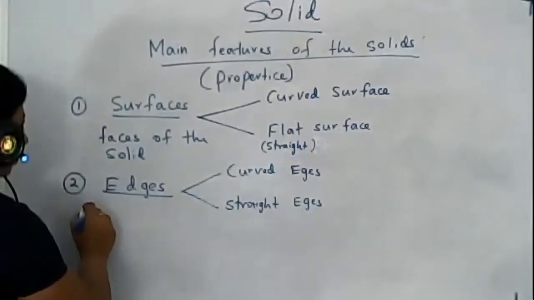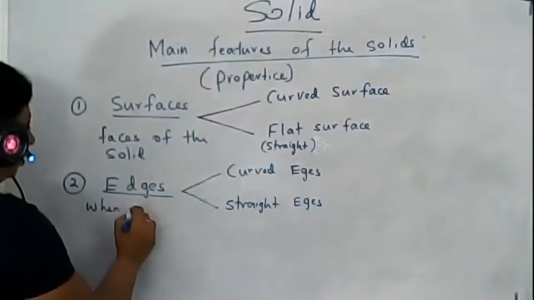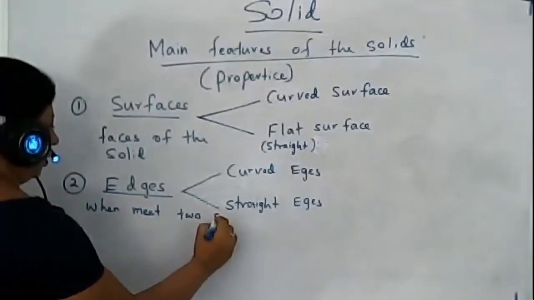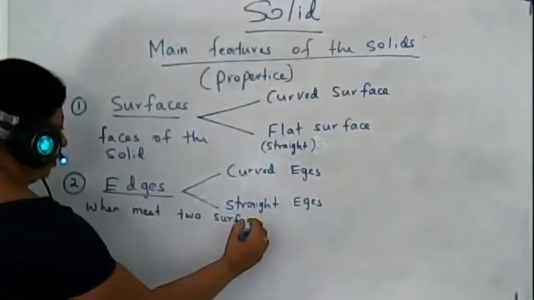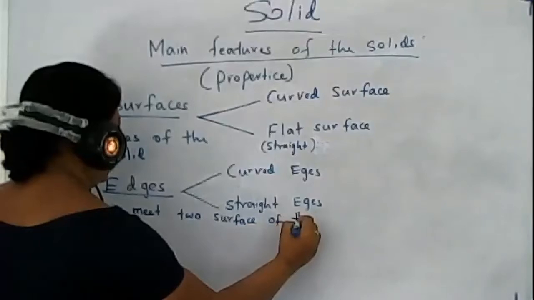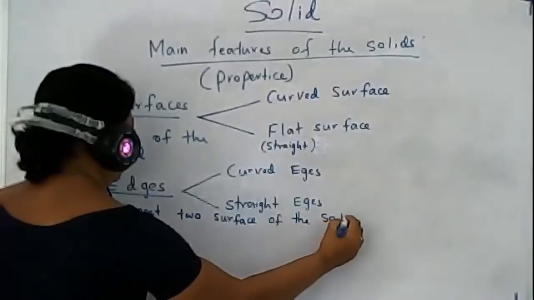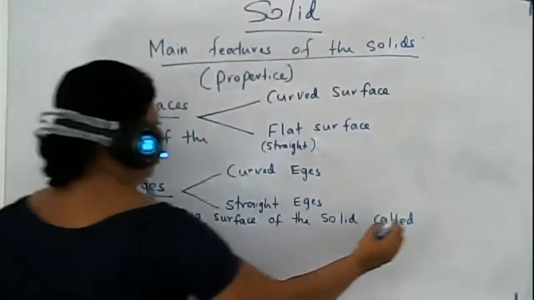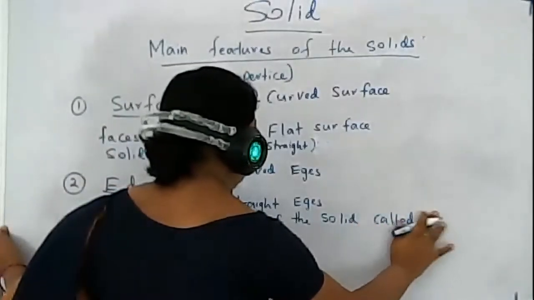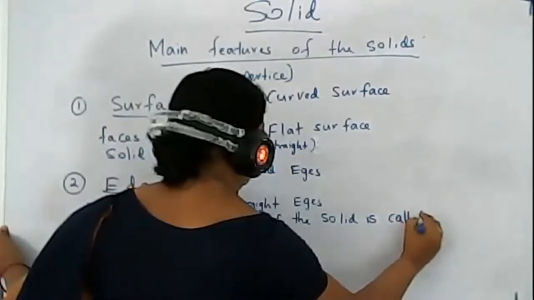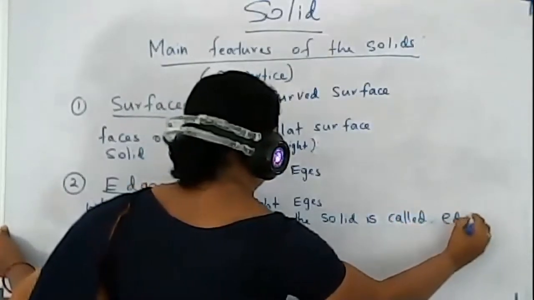Edges means when two surfaces of the solid meet, it is called edges, right?